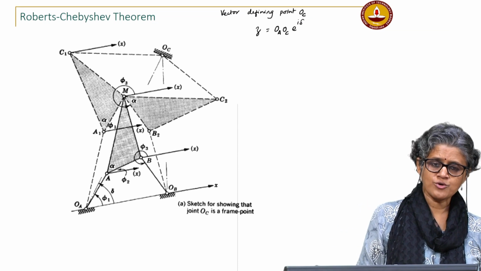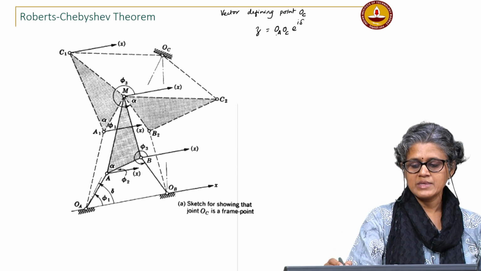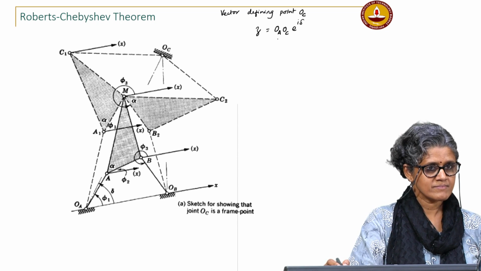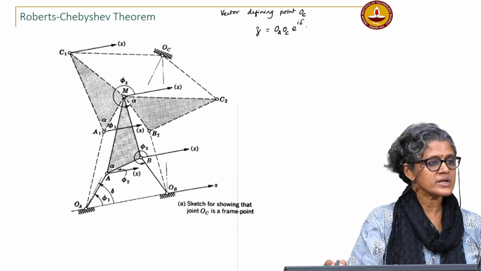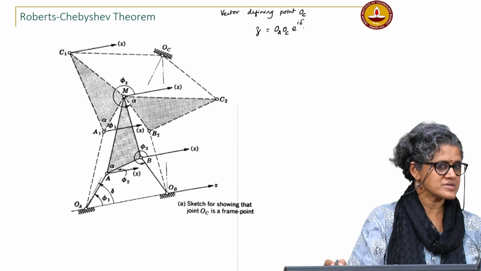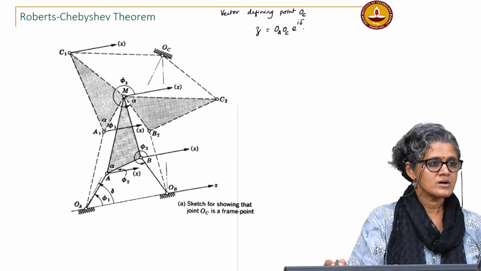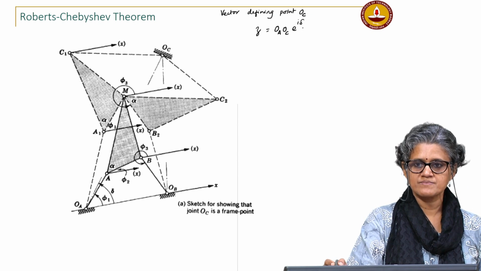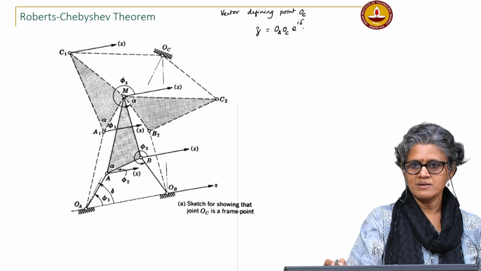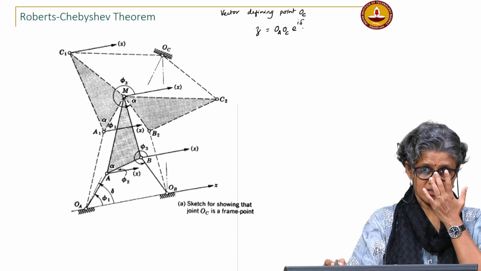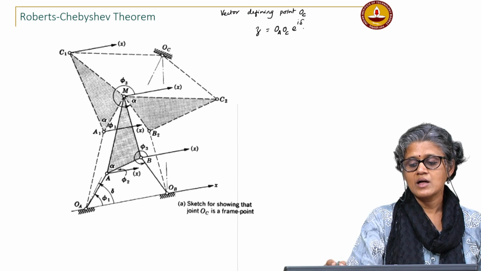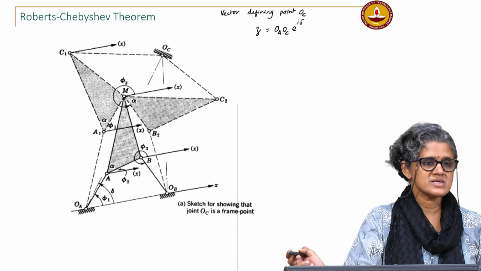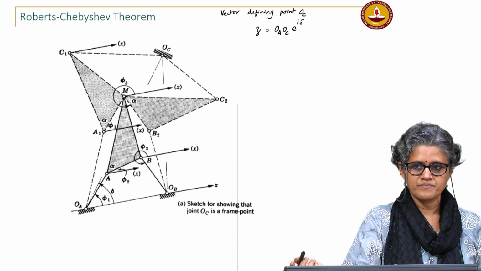If I can show that both the length and the orientation of this vector do not change as the linkage moves, then it means OC is a stationary point, right.